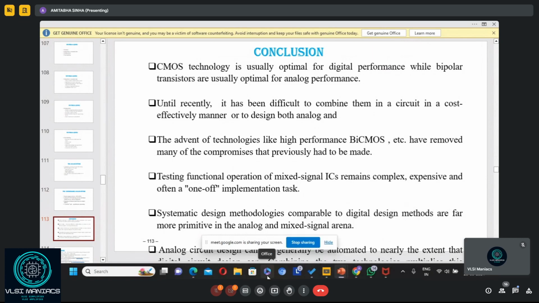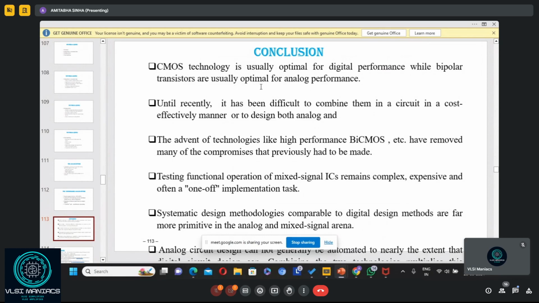Sir, static power consumption is very less. Sir, less area. Packing density is higher. And also they offer very good, high speed.